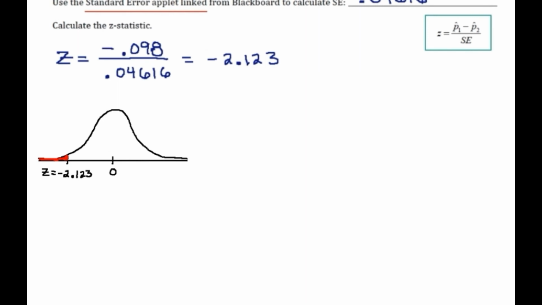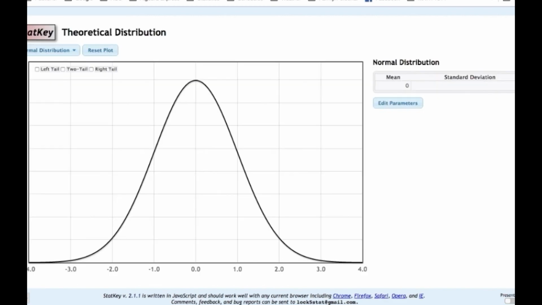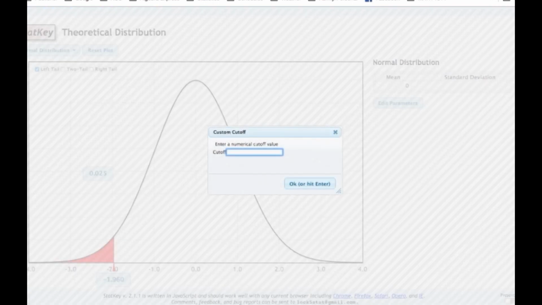Now let's go into StatKey and find our p-value. Since we're talking about a test for 2 proportions, we are looking at normal distributions here. So for theoretical distributions, I'll go to Normal and select Left Tail and replace this boundary value of negative 1.960 with my z statistic of negative 2.123.